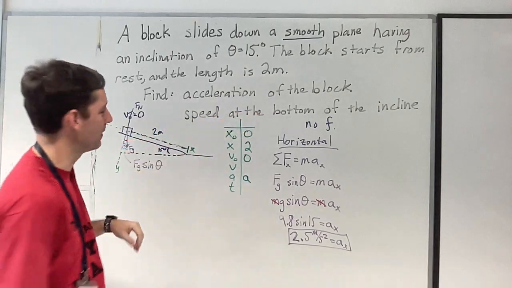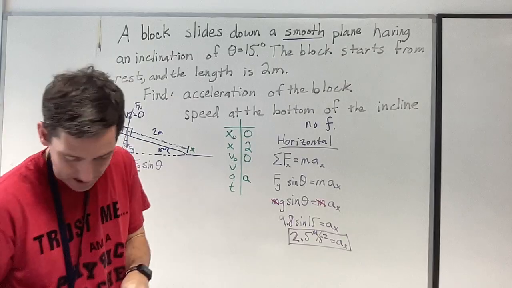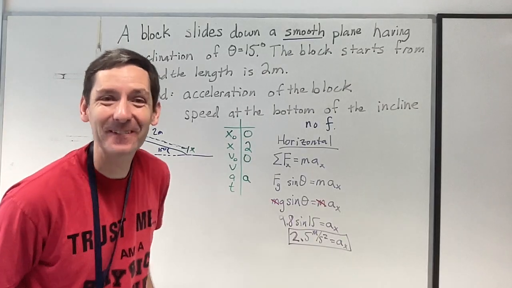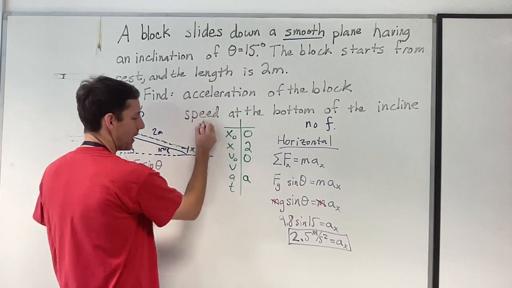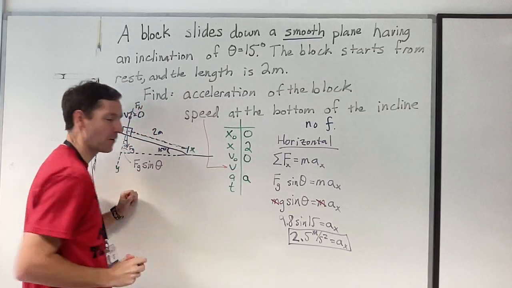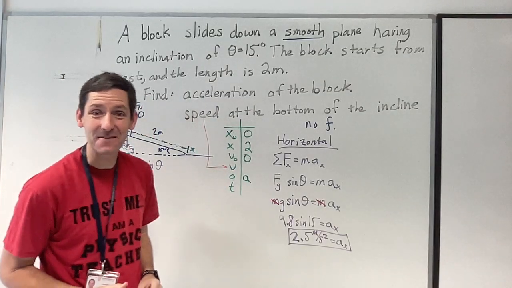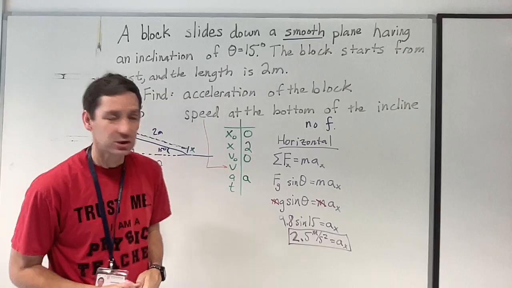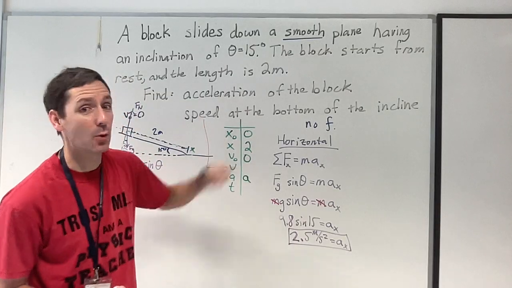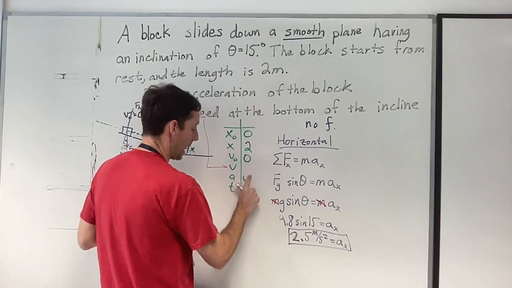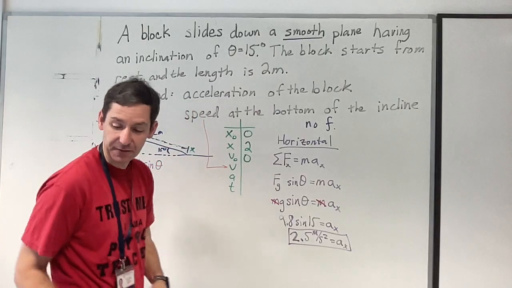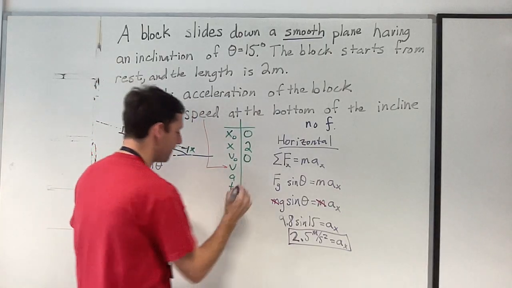The speed at the bottom of the incline, that's that v right there. That's what we're going to solve for. So doing this did not waste any time. In fact, I know my acceleration now. I just found it. My acceleration was 2.5.